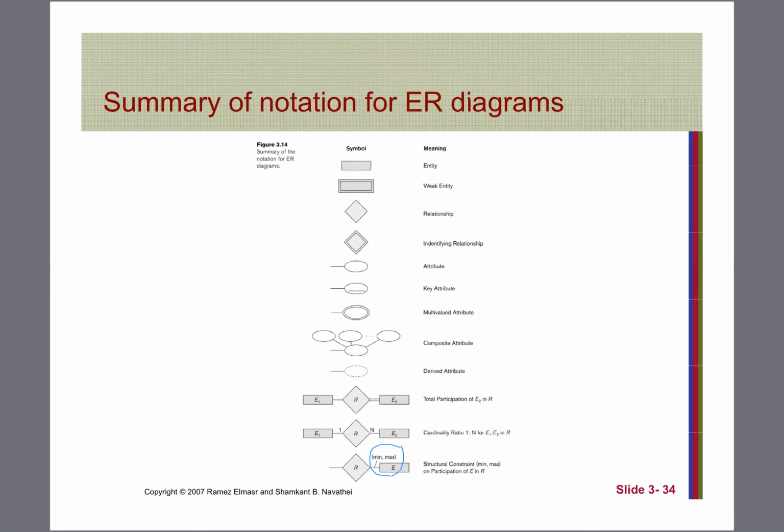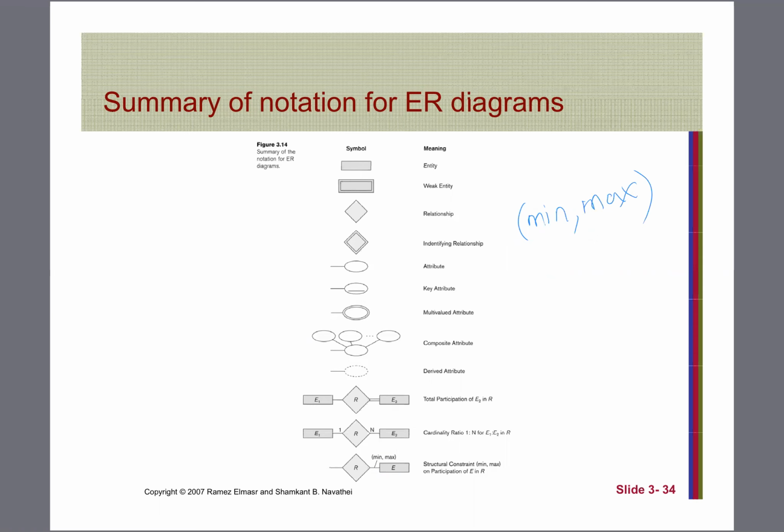You can have it between the relationship and the entities. Supposedly, this is the relationship and this is an entity. I might have a bracket here wherein I will segregate the minimum value from the maximum value with a comma. So this hasn't come properly. Let me just write in the bracket: minimum comma maximum value.